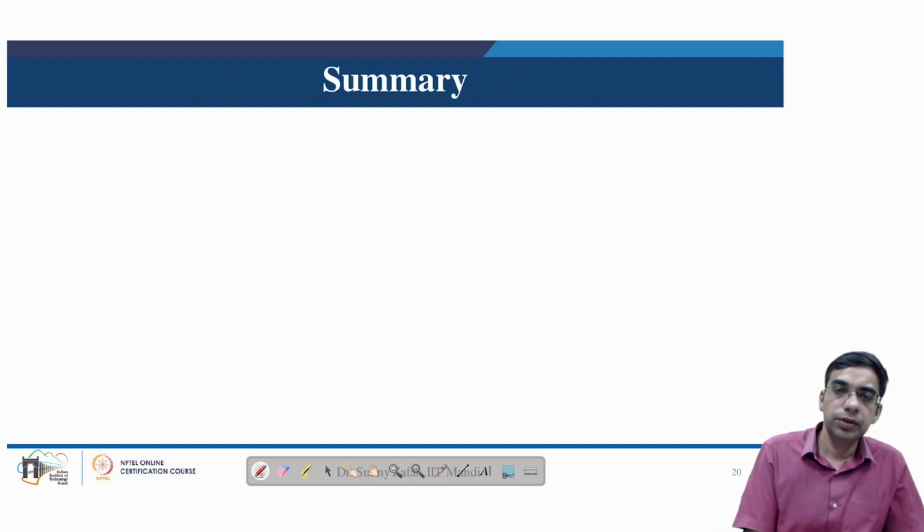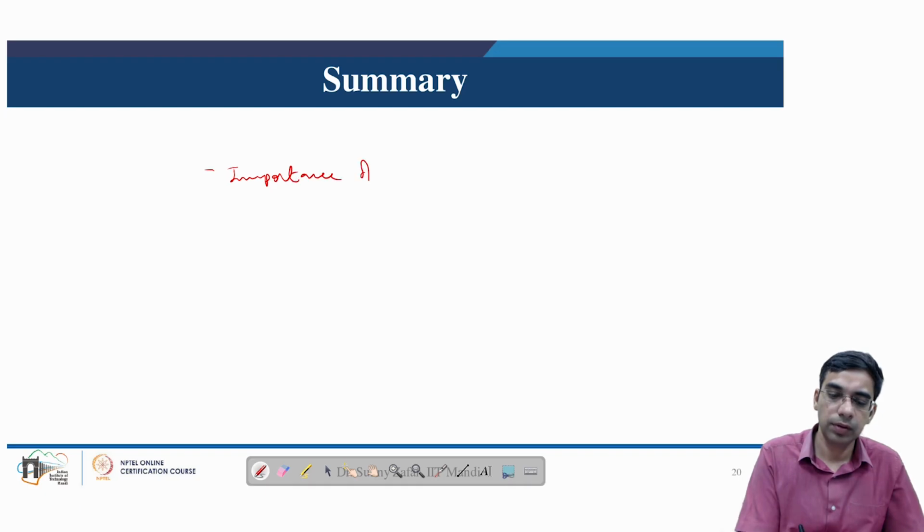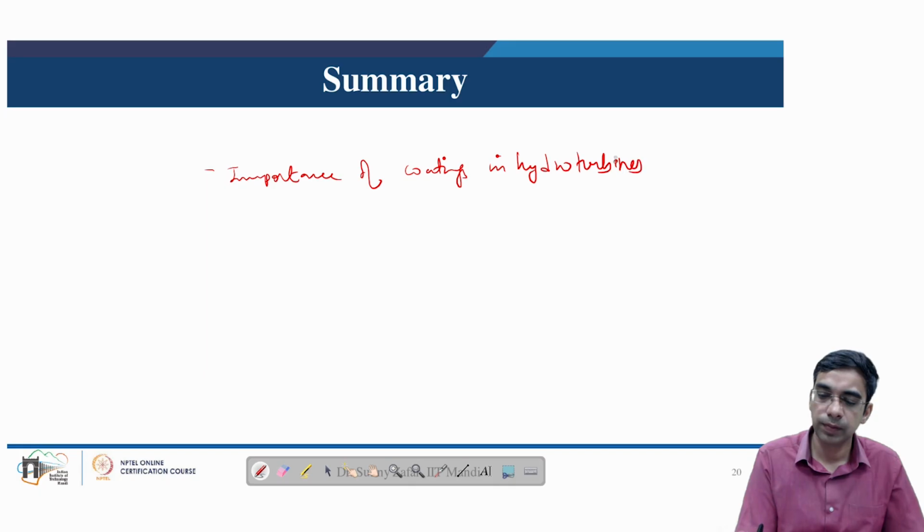So with this we come to the end of this lesson on hydro turbine coatings. We will summarize what topics were covered. We have understood the importance of coating in hydro turbines. Then we looked at various thermal spray methods which are utilized to coat.